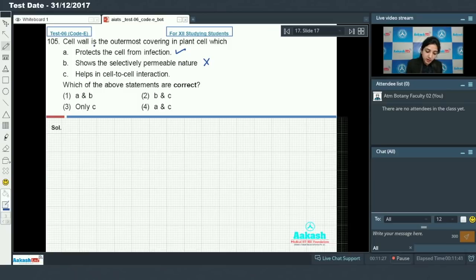So this is incorrect. Cell wall in the plant cell helps in cell-to-cell interaction. This is very true. So out of these, which of the above statements are correct? A and C are correct. So the answer to this question is option number 4. Moving on to the next question, that is question number 106.